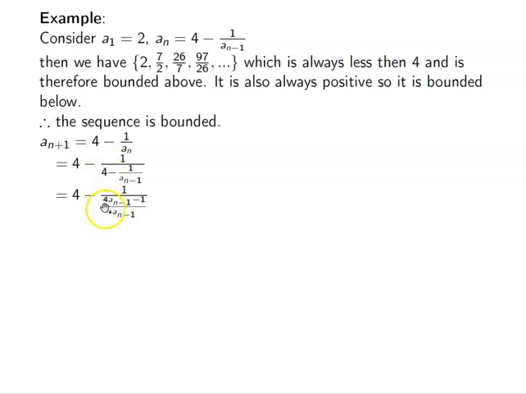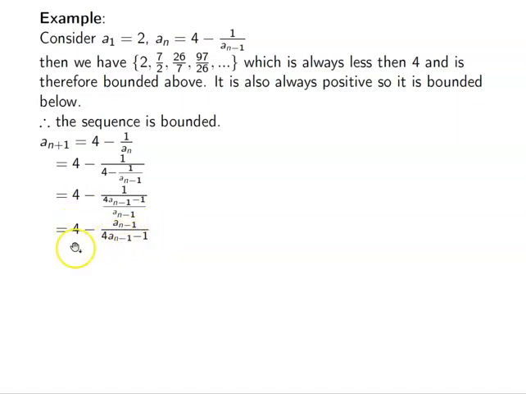My numerator is now 4 a n minus 1 minus the 1 that was there. I still have 1 divided by a fraction. So what am I going to do? I flip the denominator and multiply it. So I will have 4 minus a n minus 1 on top and 4 a n minus 1 on the bottom.